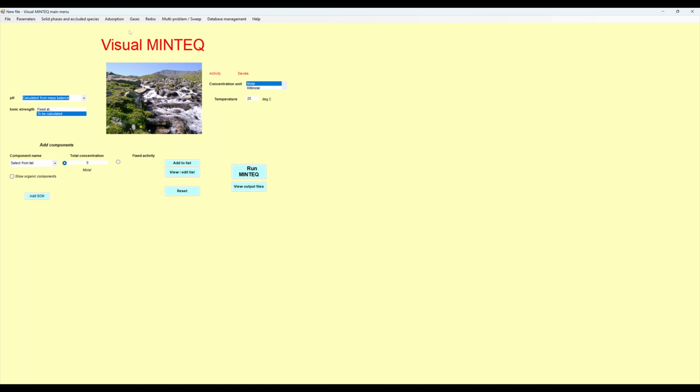So this software is in general very useful for a wide range of applications within environmental chemistry. But for this lecture, we are focusing on just the basics of acid-base solutions, and in order to find pH or construct a pC-pH diagram.